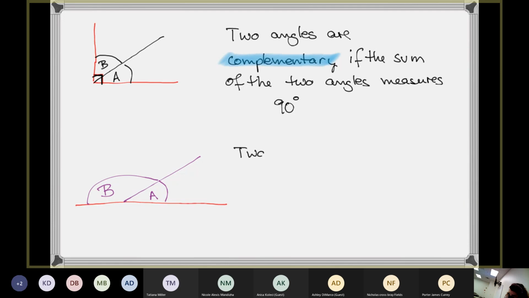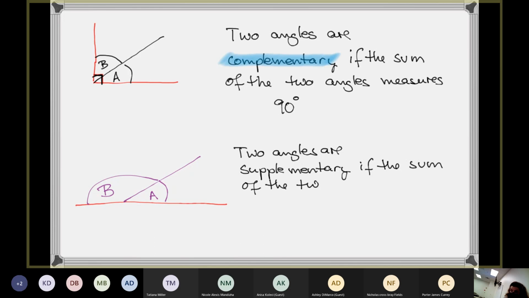So two angles are supplementary if the sum of the two angles measures 180 degrees.